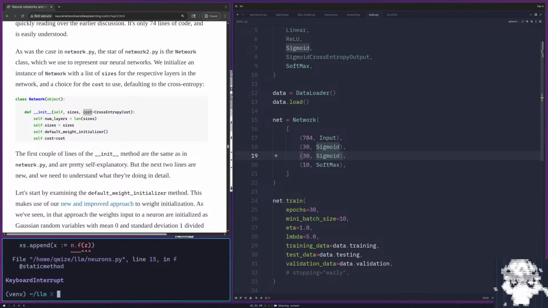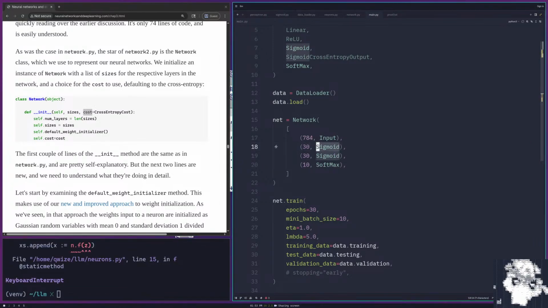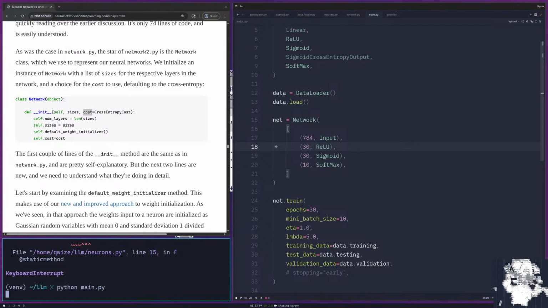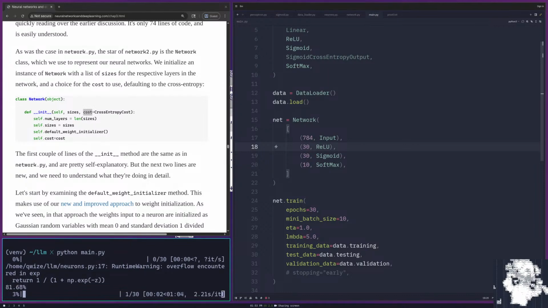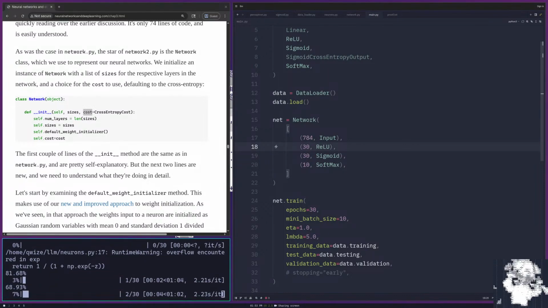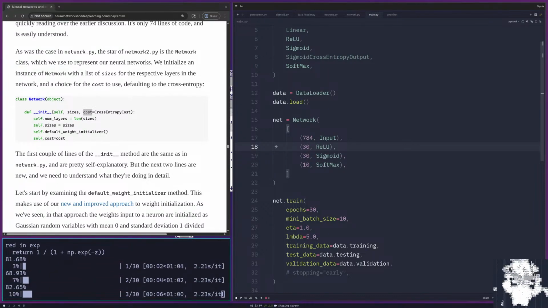Okay, it works. And then what if I have ReLU before a sigmoid? It's all over the place. It's weirdly all over the place.